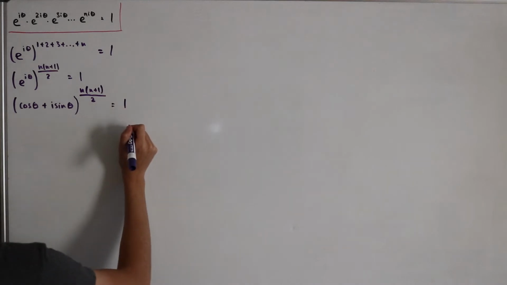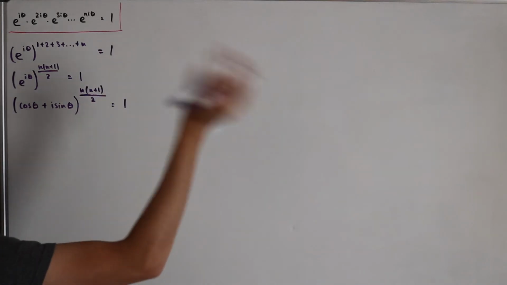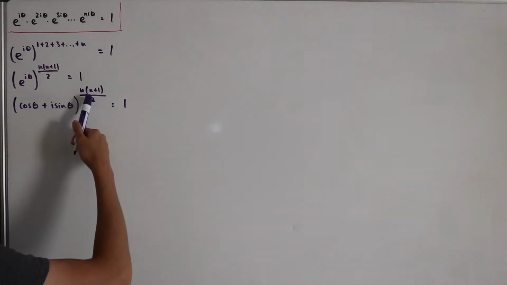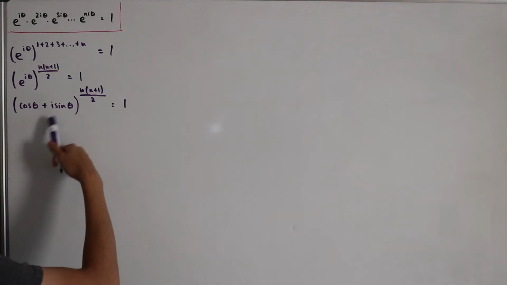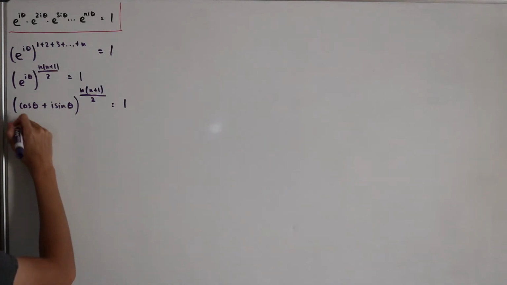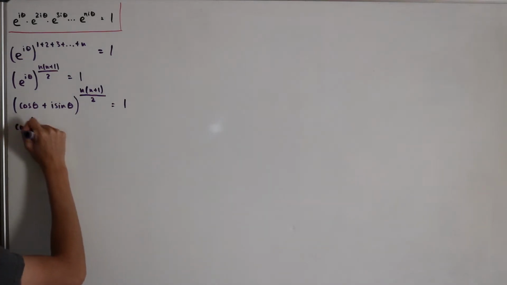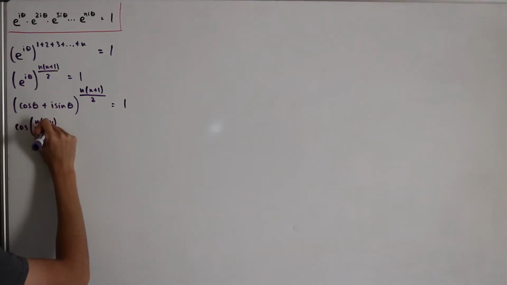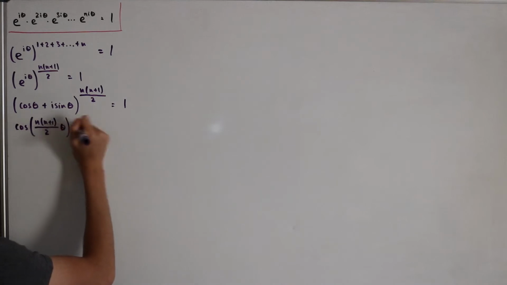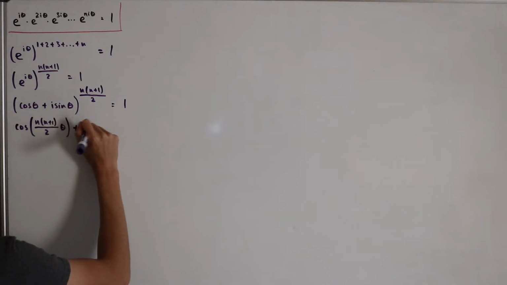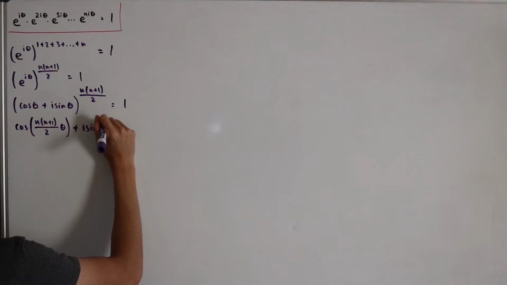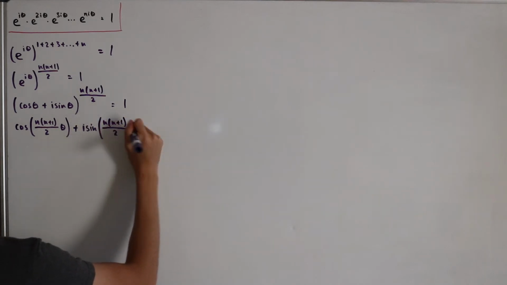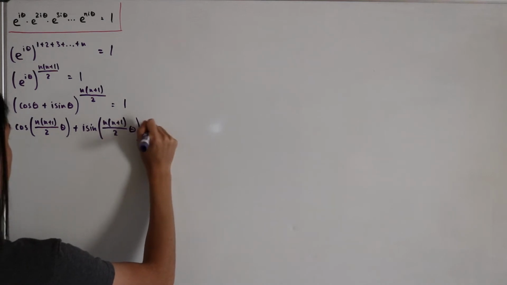Now, using de Moivre's formula, I can use the exponent and transfer that into the input of our cosine and sine. So really we have cosine of n times n plus 1 divided by 2 times theta, plus i times sine of n times n plus 1 divided by 2 times theta, and that's still equal to 1.